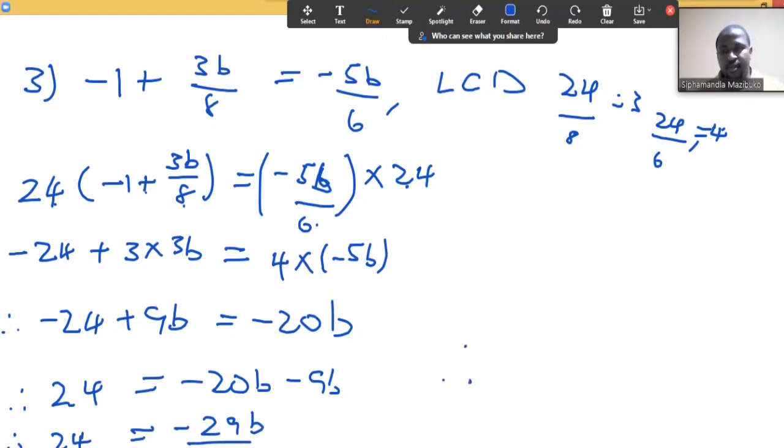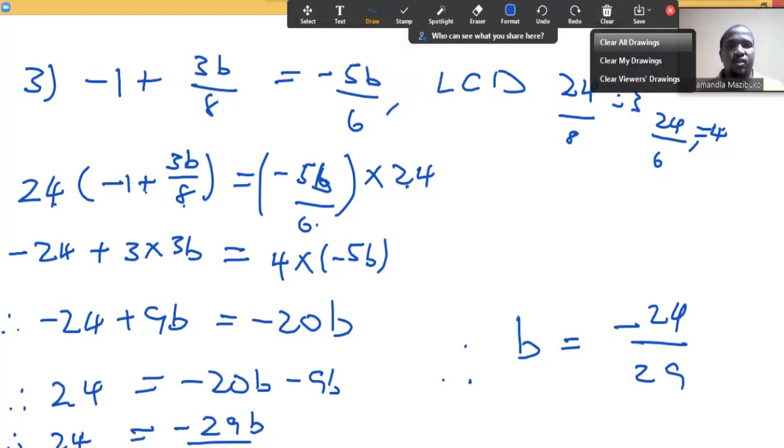Therefore our p is equal to negative 24 all over 29. So this was supposed to be negative 29, and we divide by negative 29 so that we get rid of this negative 29. So this is how we use this one.